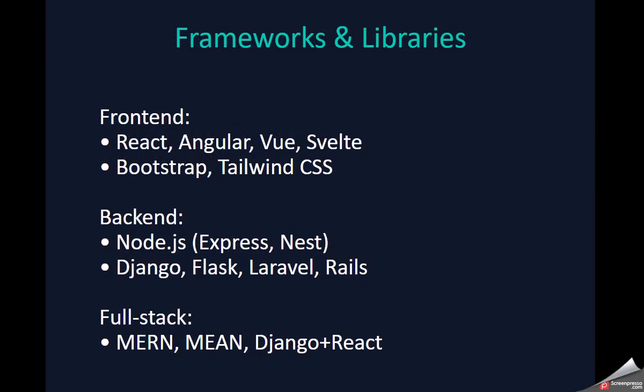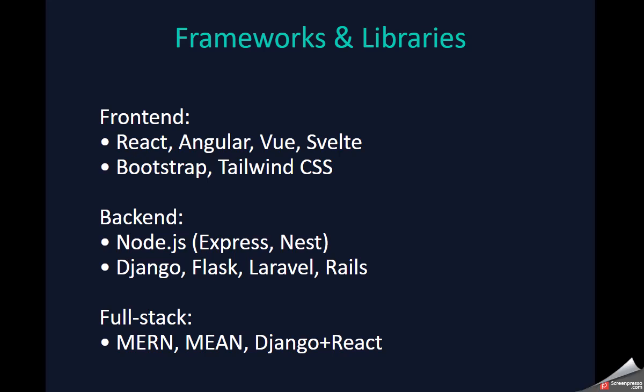So now, frameworks and libraries. We have the front end frameworks. For JavaScript, we have React, Angular, and Vue, and for CSS, we have Bootstrap and Tailwind CSS, right? For backend, we have Node.js, with Express.js and Nest.